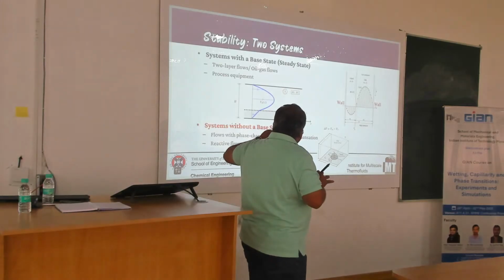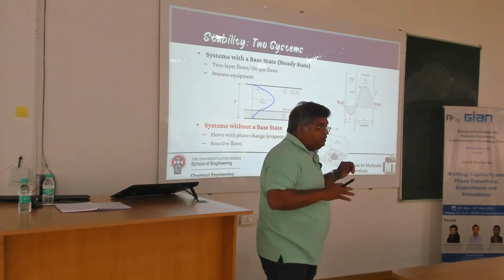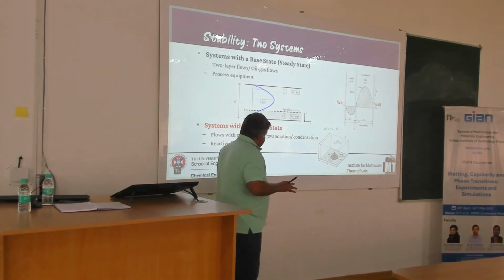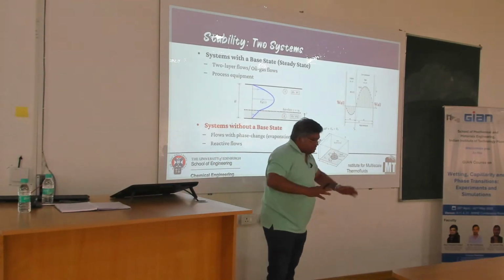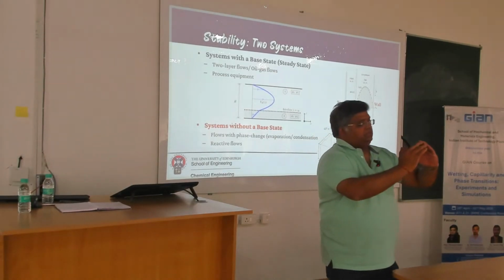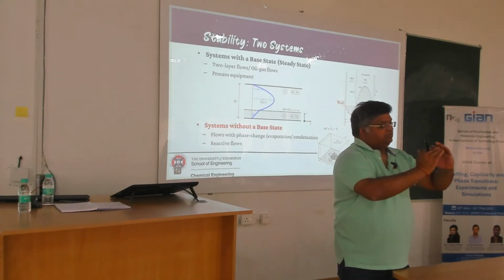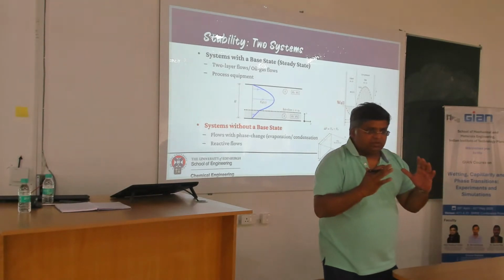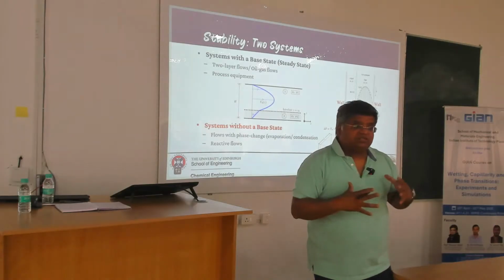Okay? But there are other systems where you don't have a steady state, you don't have a base state, especially when you have phase change. So if you have a droplet which is evaporating, you start with a height h, finally it becomes h1, h2. So the dynamics of the system is completely dependent on geometry. So the geometry of the system changes.